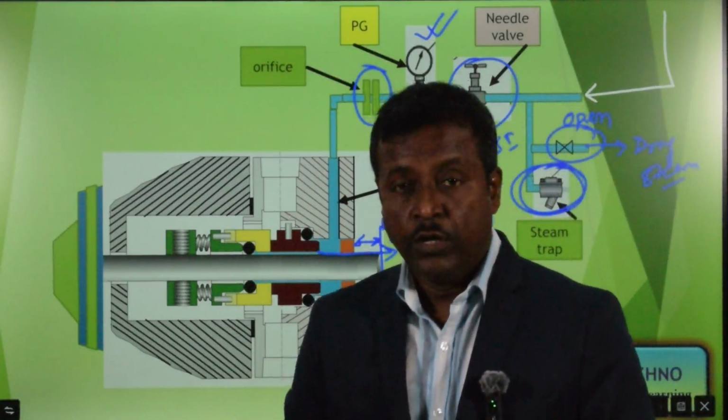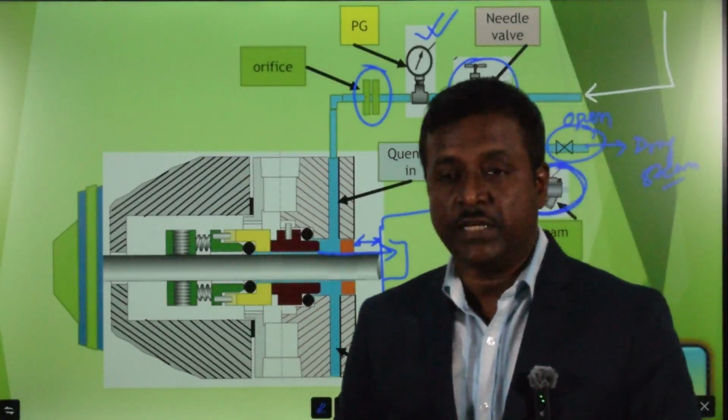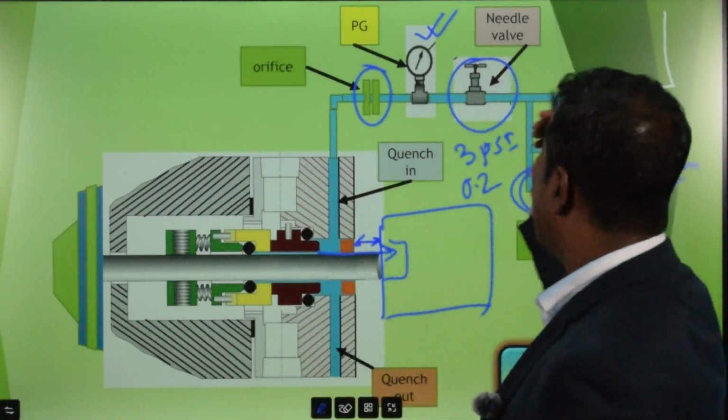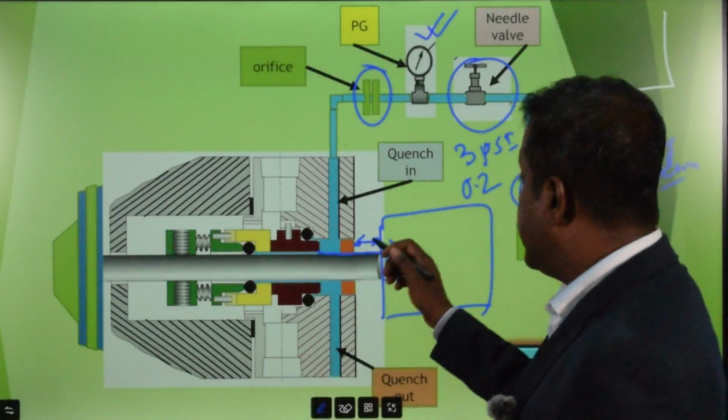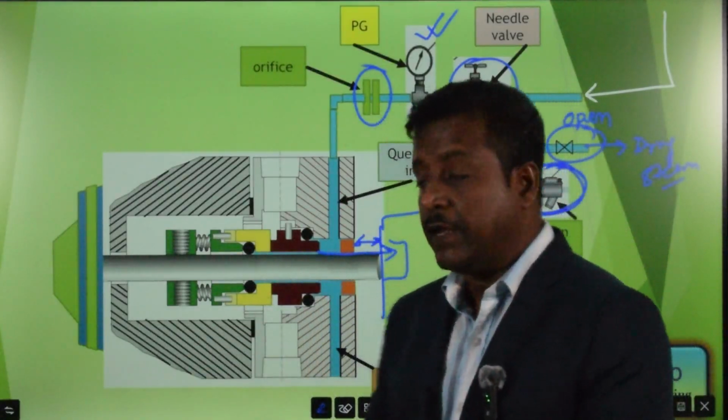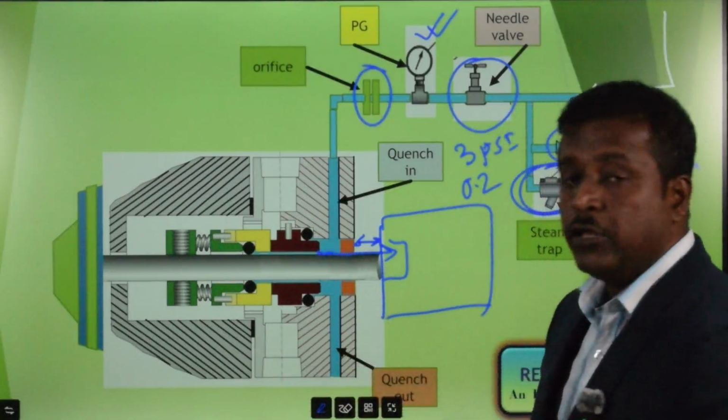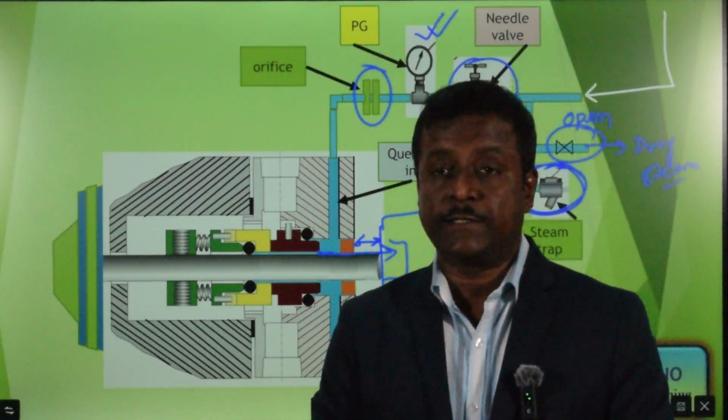With the help of this quenching, in case of a caustic pump, we provide DM water, and DM water will flush out the leaking caustic from this region, so there is no question of crystallization.